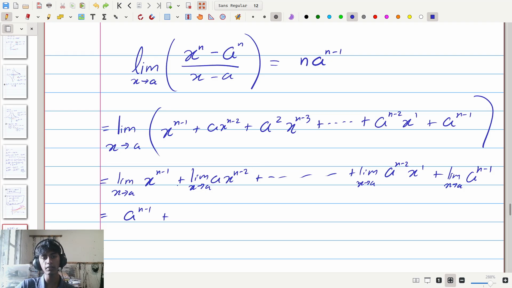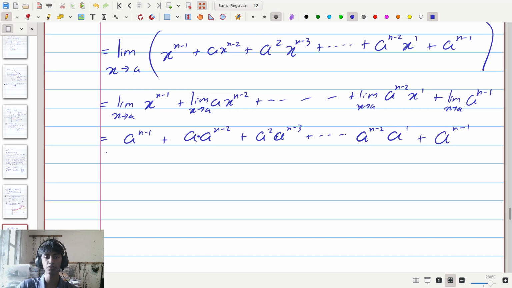Substituting a into here, we can get a times a to the n minus 2, plus the next term after that would be a squared times a to the n minus 3 plus ... The last term here is a to the n minus 2 times x to the power of 1, so that will be just a. And then the very last term will be a to the power of n minus 1.